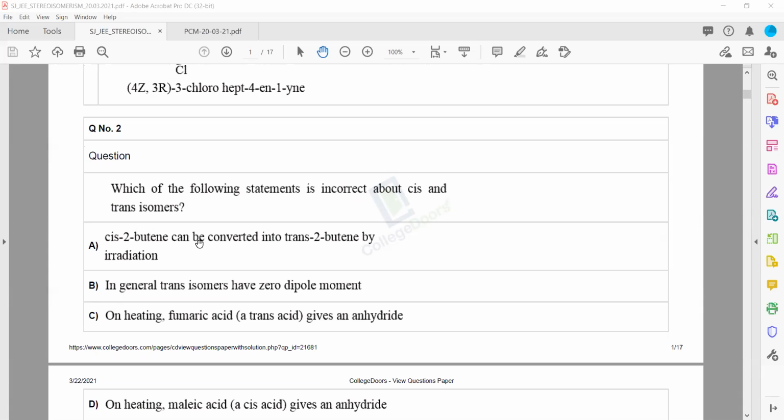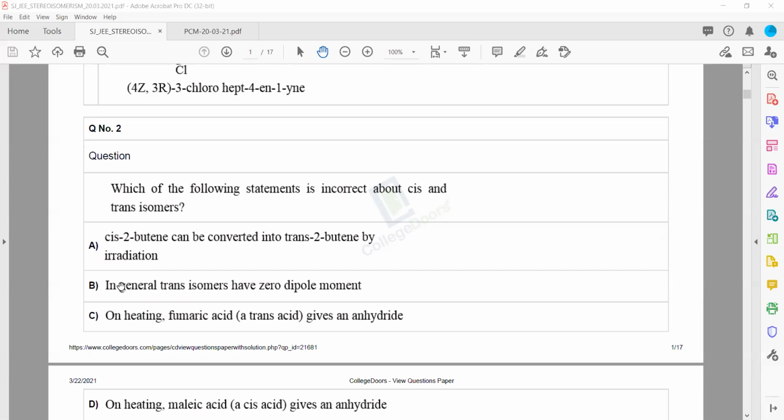Cis-2-butene can be converted into trans-2-butene by irradiation. Now, cis and trans differ in terms of energy, and they are interconvertible with respect to each other. So their interconversion is possible with the supply of some amount of energy. So interconversion can be done through irradiation, UV light or heating.